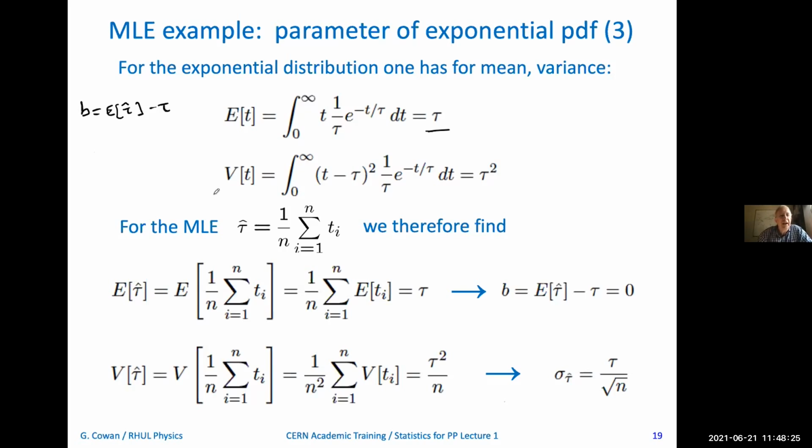The other property that we want to focus on is the variance of the estimator. So the variance of tau hat, or equivalently, the square root of the variance, which is then the standard deviation of tau hat.